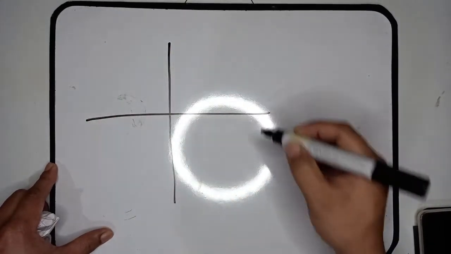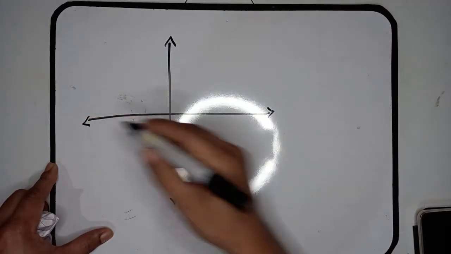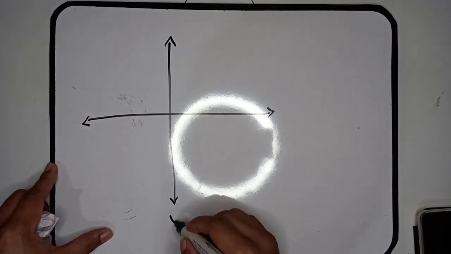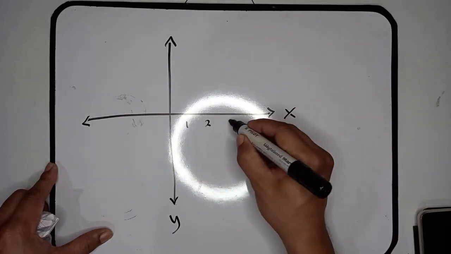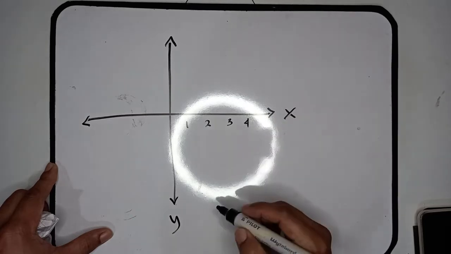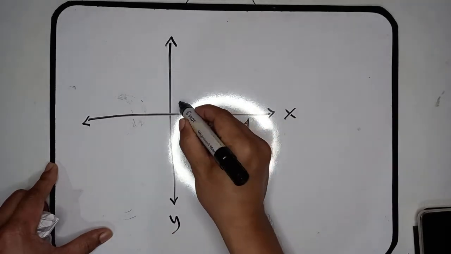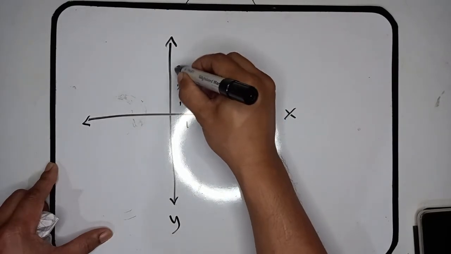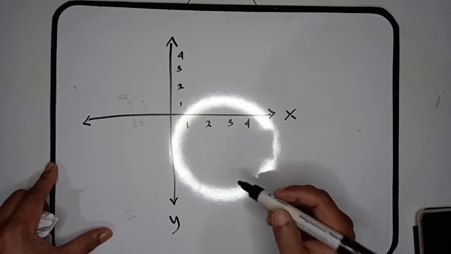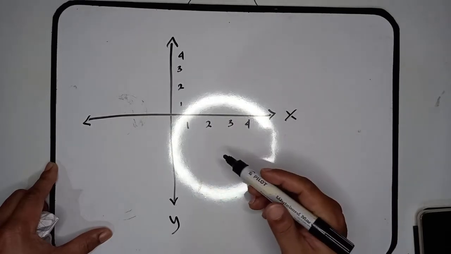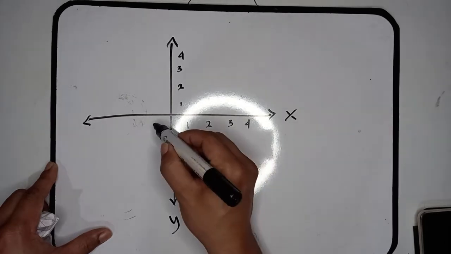I'm going to draw the x and y axis. So this is our y, and this is our x. We have positive numbers at the right side for x, positive numbers at the upward side of y, and then the rest will be negative.